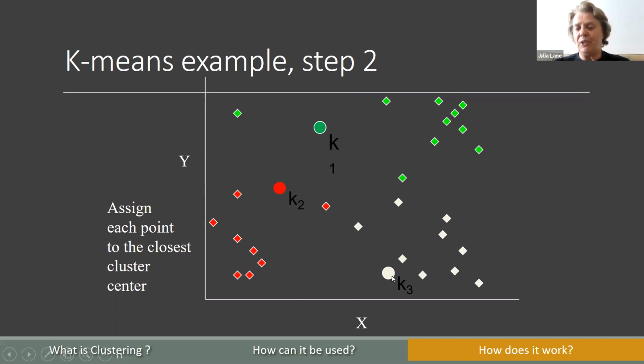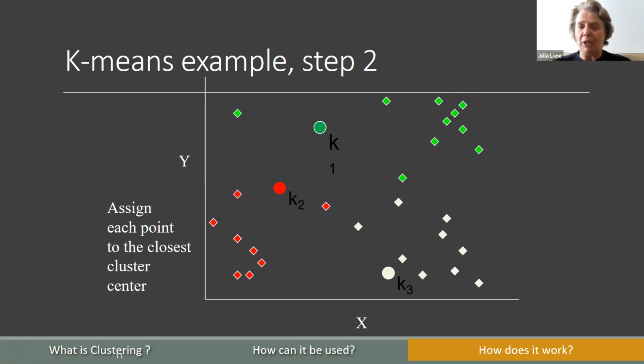I'm labeling K3 white, K2 red, K1 green. For each dot I ask, how far are you from K1? This one is closest to K1, so we color it green. This one is also closest, so green. This one is closer to K2 than to K1, so we color it red, and so on.